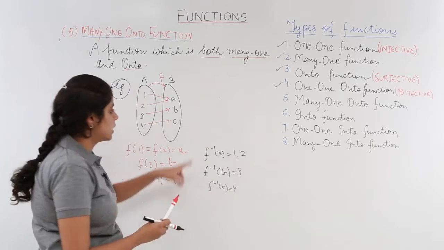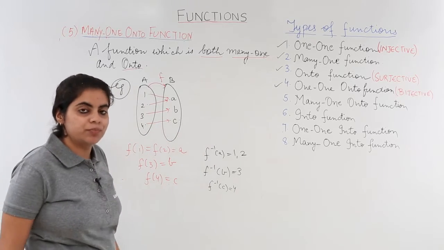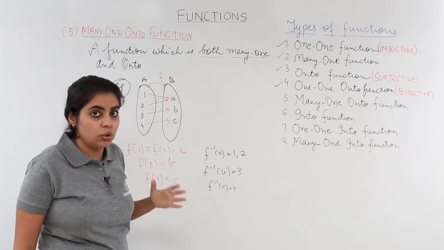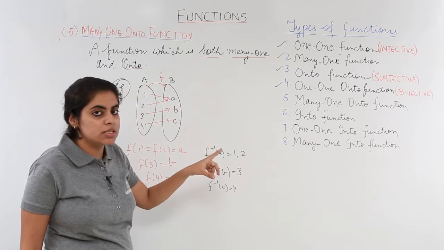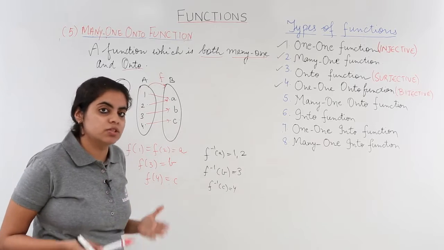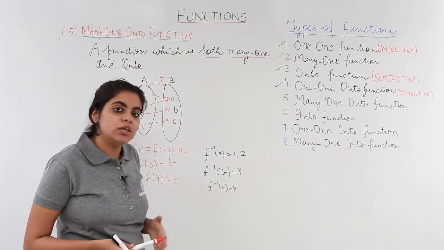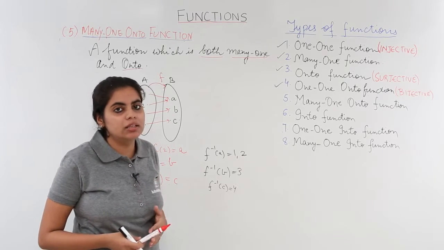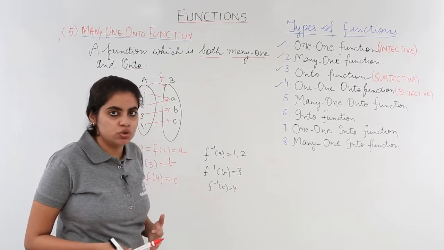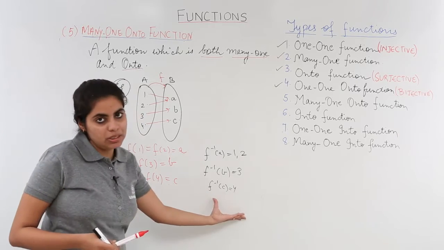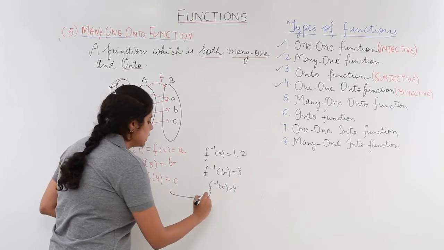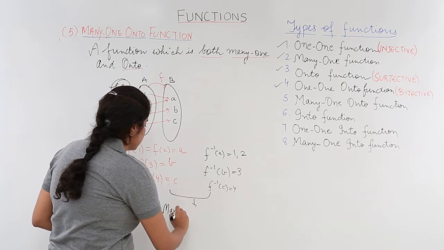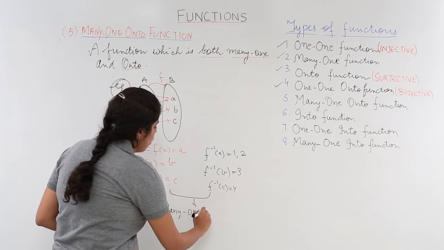It is 4. C and 4 are related. That means different elements having different images? No. Different elements have the same image. That is why it is many one. But all the elements of set B have one or the other pre-image. So it is onto. Being many one and being onto, combining these, this becomes many one onto. So it is many one onto.